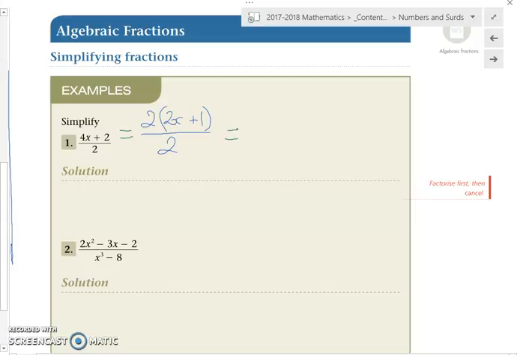You've got 2 times something, I don't care what the something is, divided by 2. So that 2 and that 2 cancel each other out, which leaves you with 2x plus 1, and that's it. That is the process.